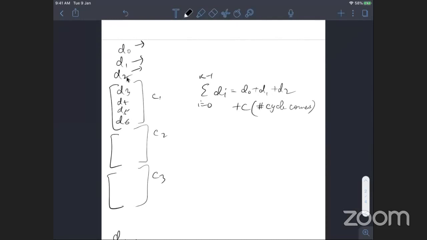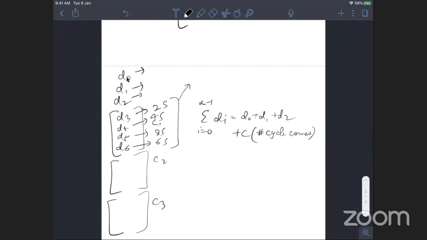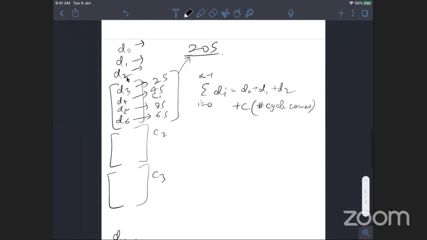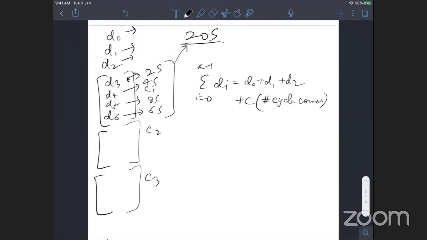The sum of the cycle is 2S plus 4S plus 8S plus 6S, which is 6S plus 8S, 14S, plus 6S, 20S, something of this sort, roughly. And then, plus the leftover.